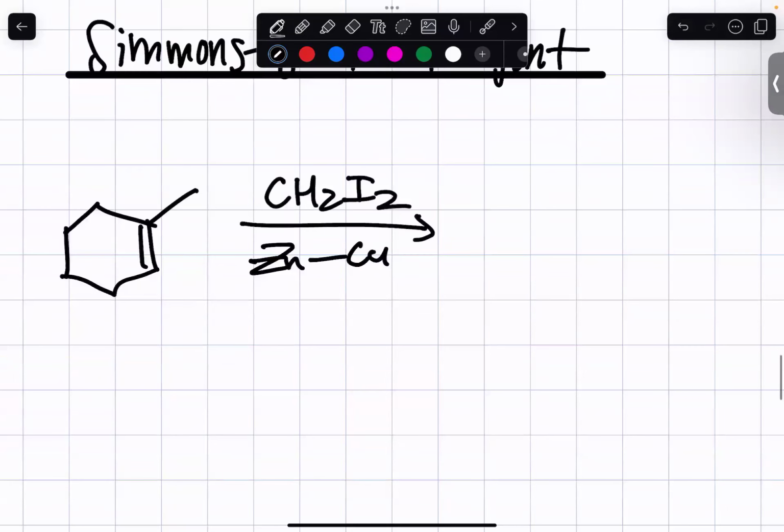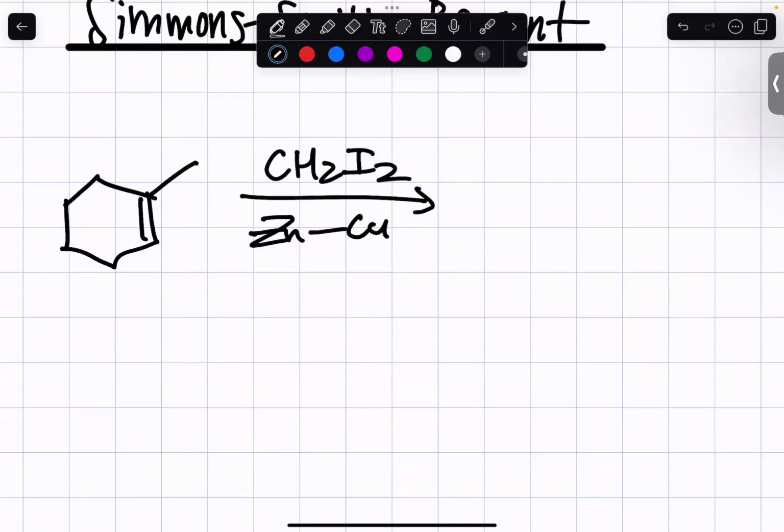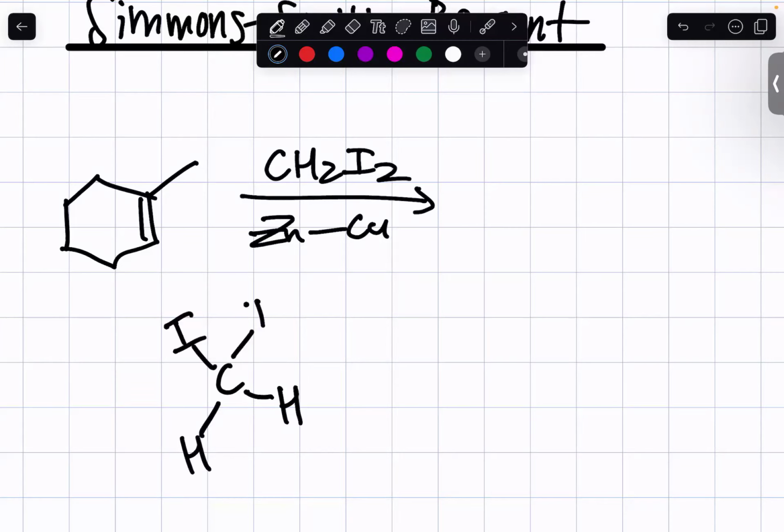Right. So the CH2I2 looks like this. Let's draw the C there with its two H's and its two iodines right here.